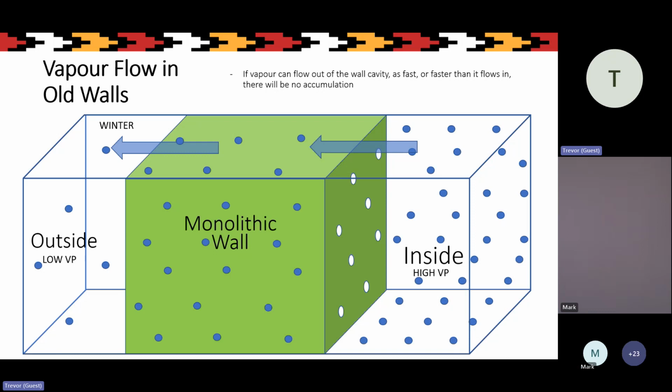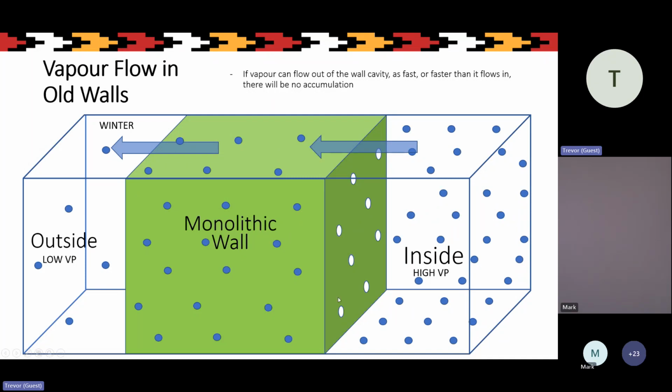Okay, so we're talking about these old houses. In my neighborhood, there are a lot of old three-layer brick houses. They don't have any vapor barriers in them. Obviously, at that time, that's not the way we built. But they don't have moisture issues due to vapor flow.